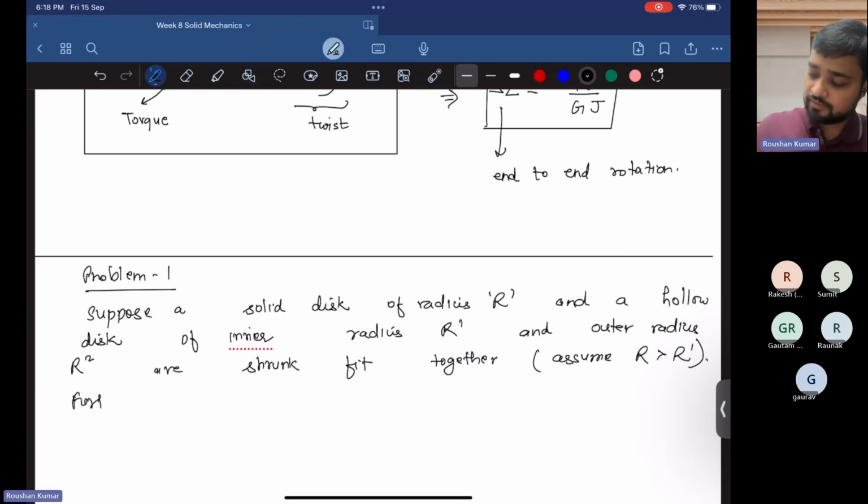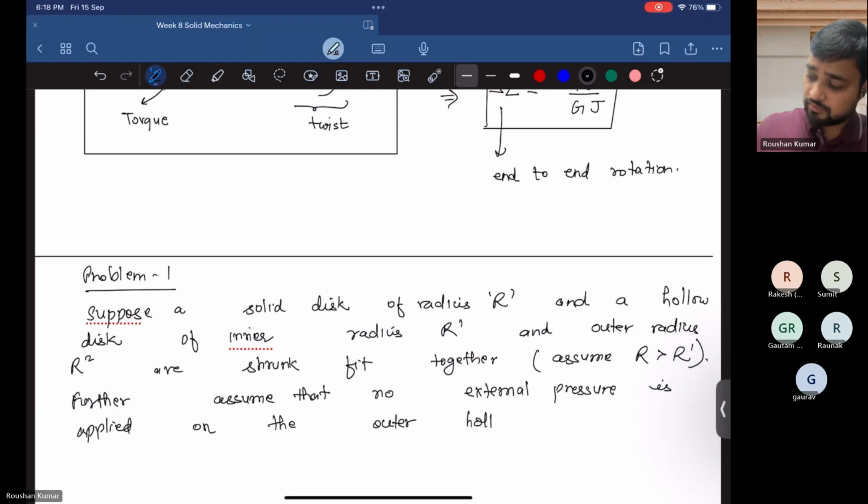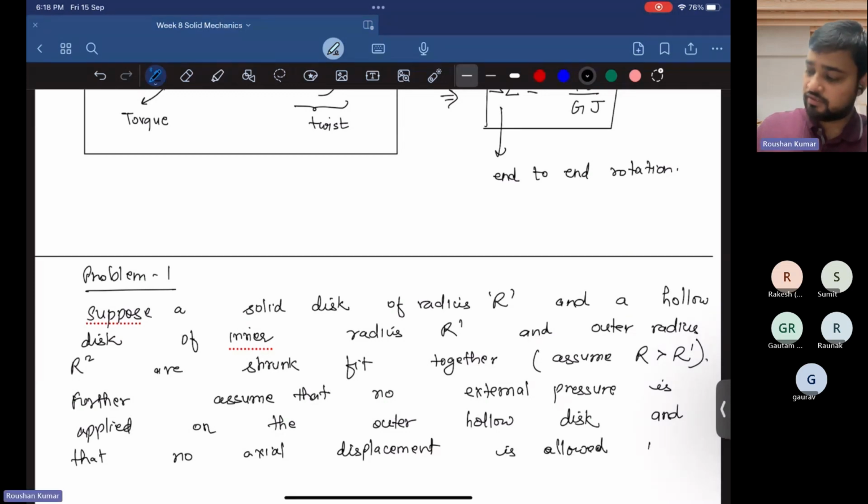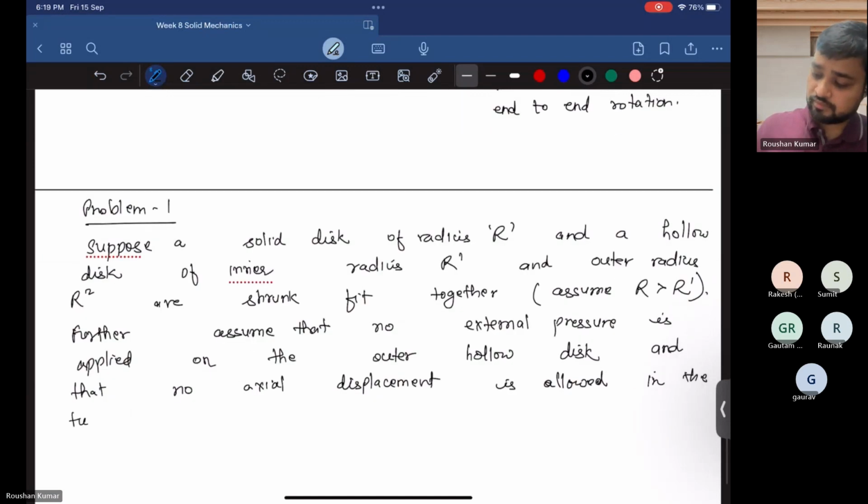Further assume that no external pressure is applied on the outer hollow disk, and that no axial displacement is allowed in the two disks.